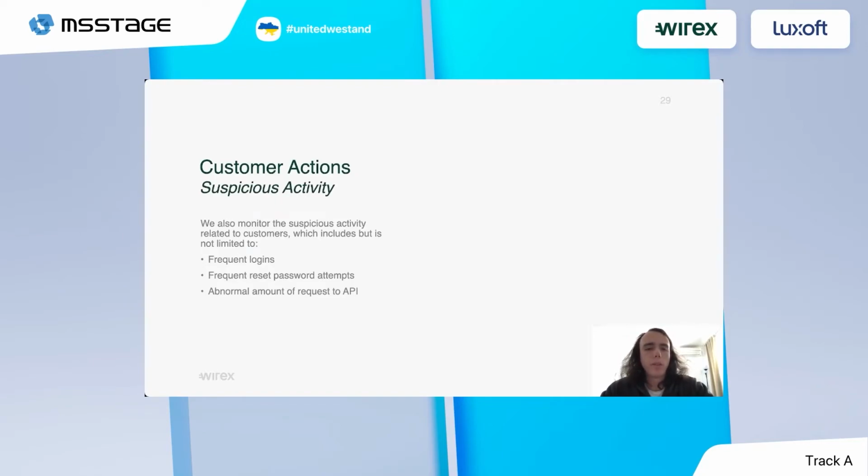Also, we monitor the abnormal amount of requests on our API in common, globally, and for a particular user. Using Power BI functionality, we created special reports to see suspicious financial activities as well.